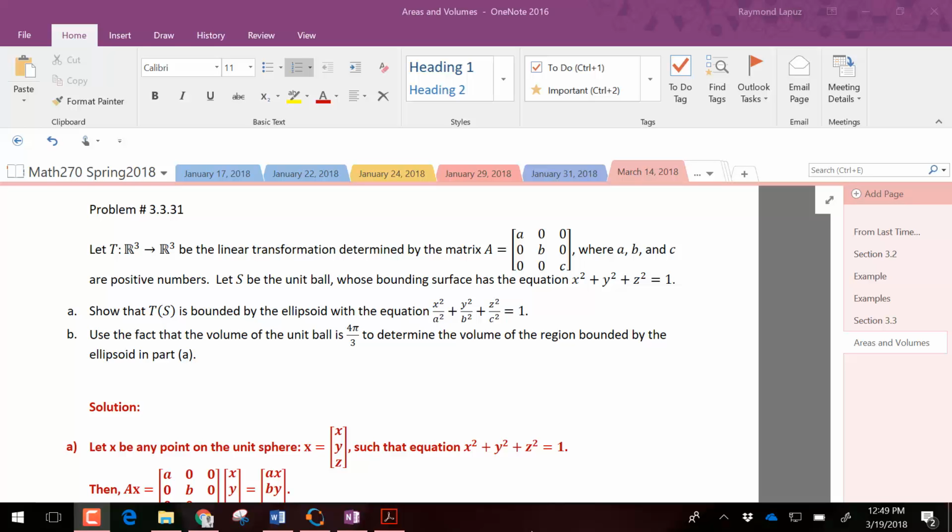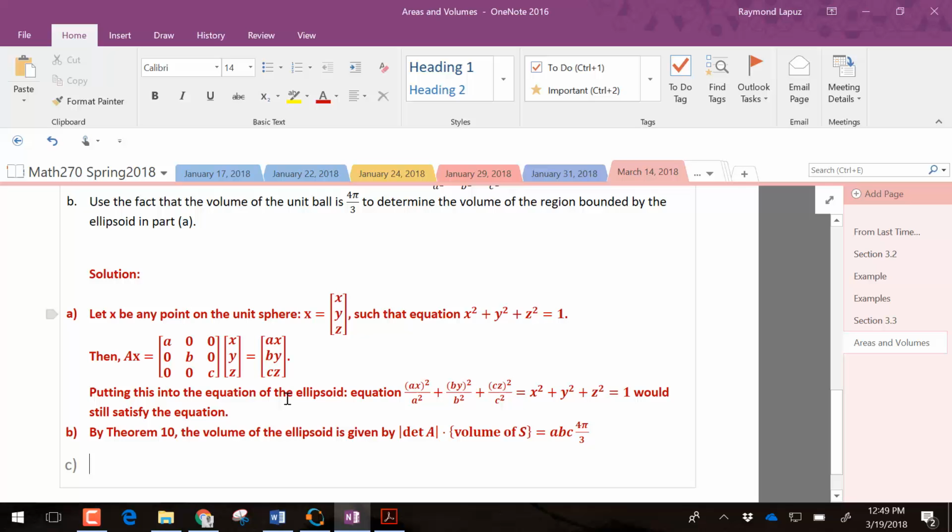And they want us to find the volume. A solution that I came up with was the idea that if we have any x value, it should be a vector.